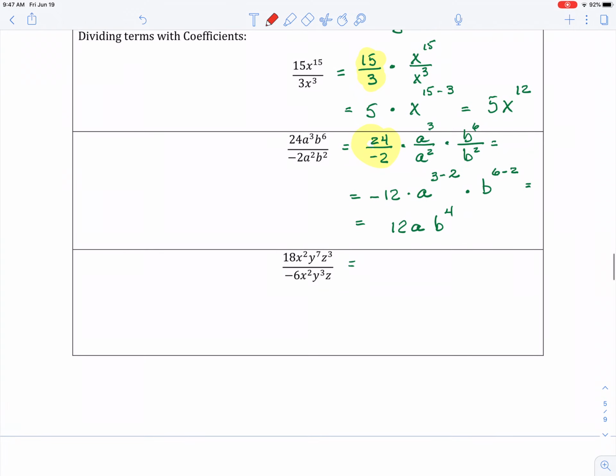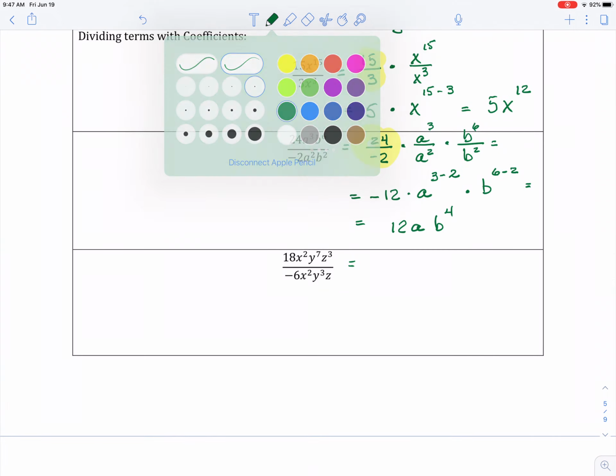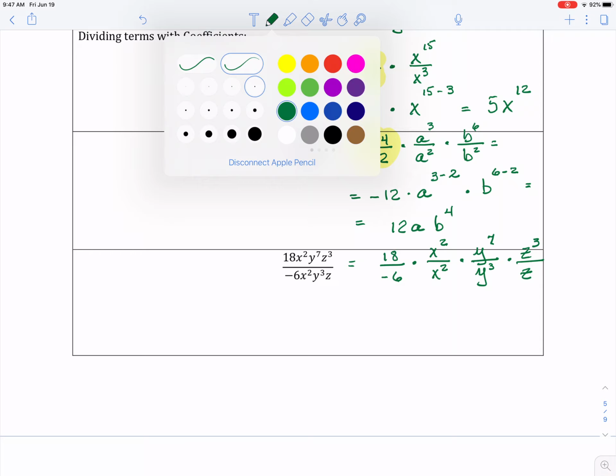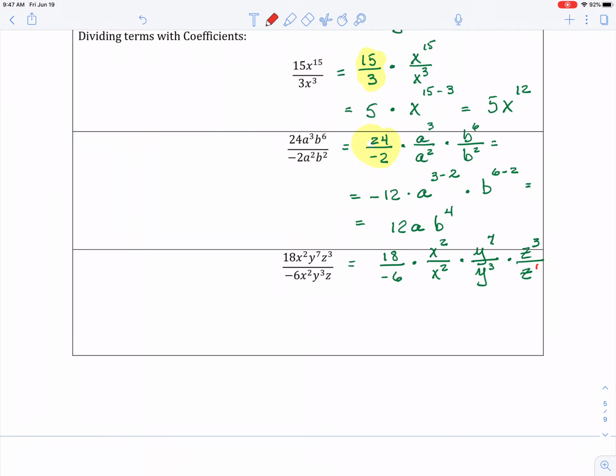All right, last example. 18 divided by -6, times x to the second divided by x to the second, times y to the 7th divided by y to the 3rd, times z to the 3rd divided by z to the 1st.